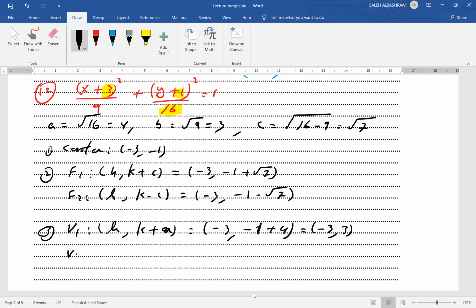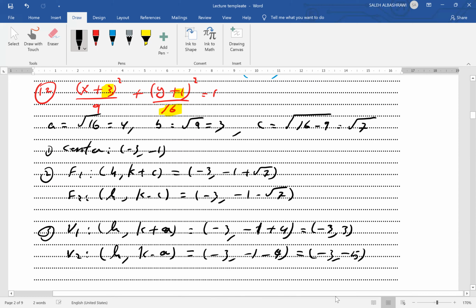V2, which is h and k minus a. That's equal to minus 3, minus 1 minus 4, will be minus 3 and minus 5. So these are the vertices, foci, and center.